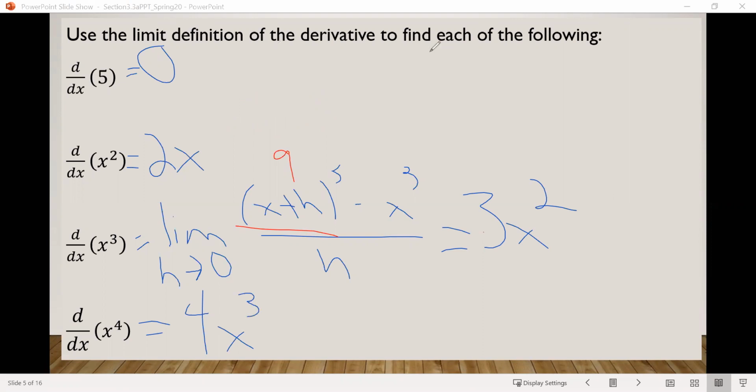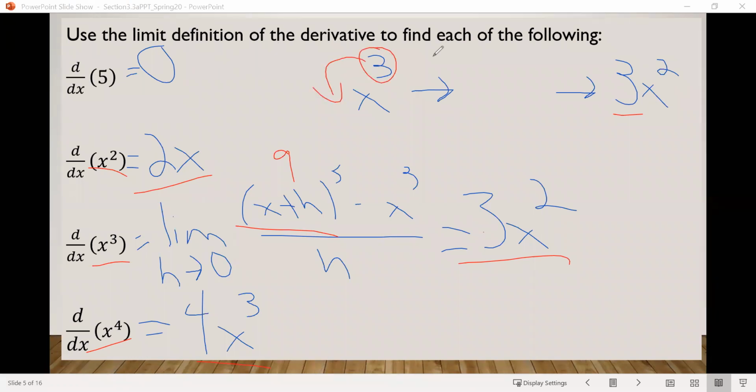Now, if you look at each of those, 2x, 3x squared, and 4x cubed, and compare them to their original functions, do you see any relationship there? Well, if I'm going from, say, x cubed to 3x squared, I kind of see that this 3 that's in the front here, that's also in the exponent, so maybe that gets moved down to the front.